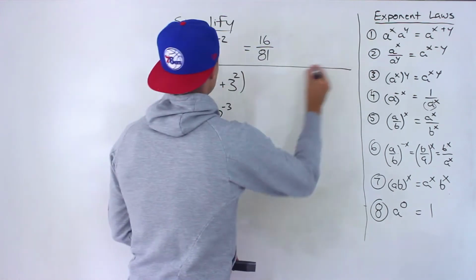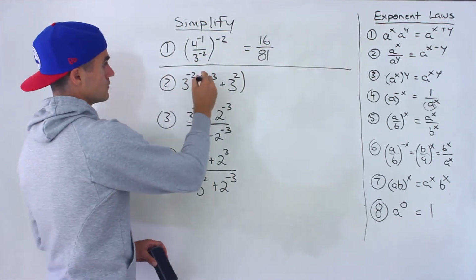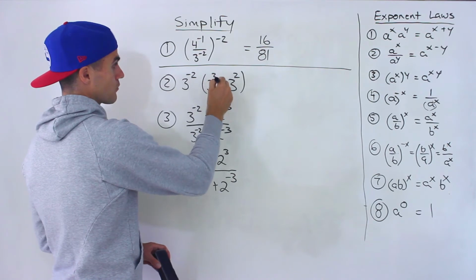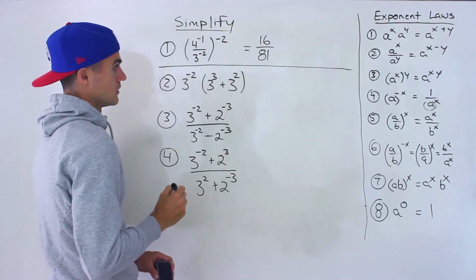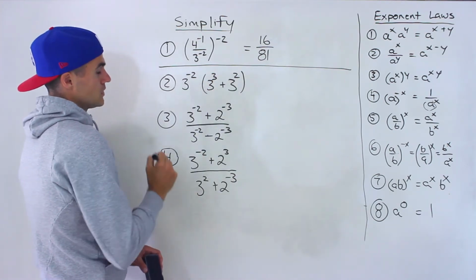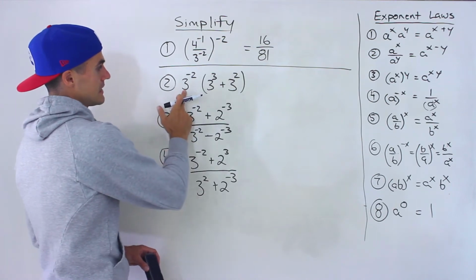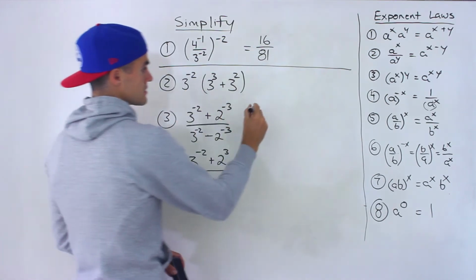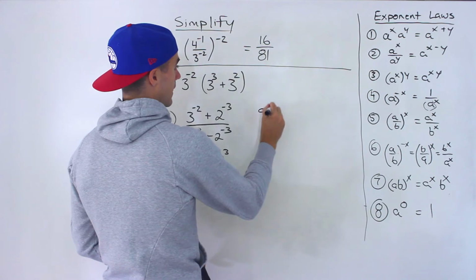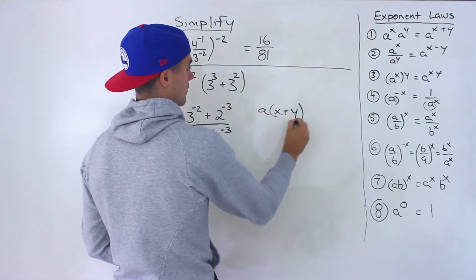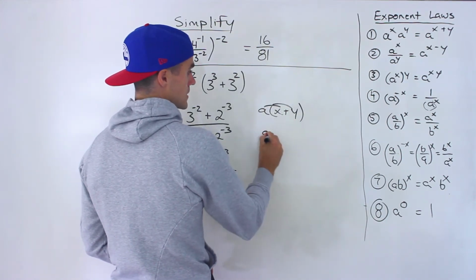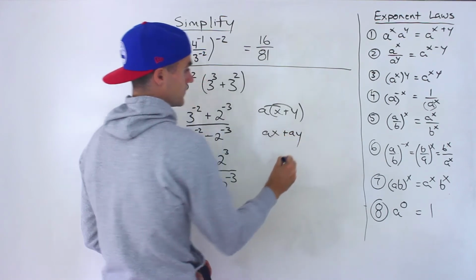Now, this one's a little bit unique. 3 to the power negative 2, bracket 3 to the power 3 plus 3 to the power 2. Now, what you can do here actually is you could take this and distribute it to these two. This is like the format a(x plus y), which is the same as ax plus ay.